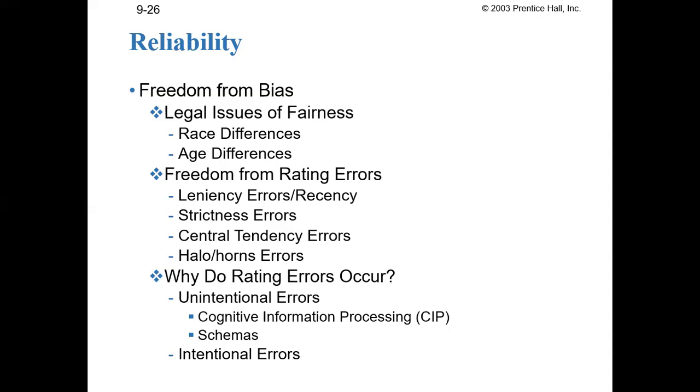And why do rating errors occur? Okay, we know that there are unintentional errors. We have the cognitive information process. So some errors will occur because they are unintentional, all right?